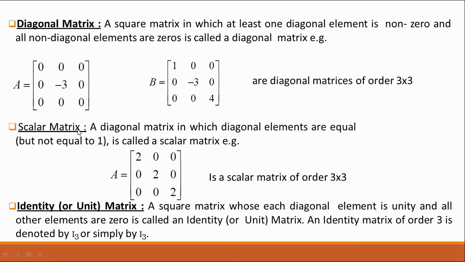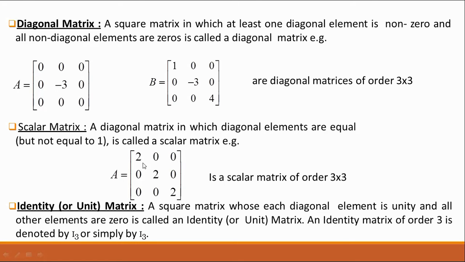Now a scalar matrix. A scalar matrix is actually a diagonal matrix, but there is a difference between the diagonal and the scalar matrix. A scalar matrix is a diagonal matrix in which the diagonal elements are equal but not equal to 1.